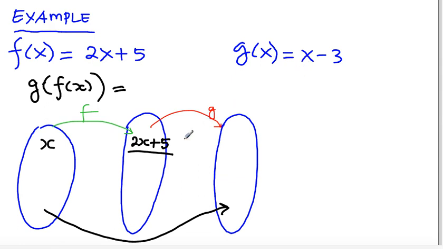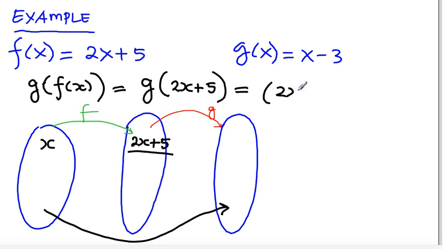So basically, I am going to substitute 2x plus 5 into x position in the rule of g(x). So in that case, this is what I will be doing. I'm going to look for the image of 2x plus 5 with the rule of function g. So basically, I will replace x with 2x plus 5 and then still subtract 3.